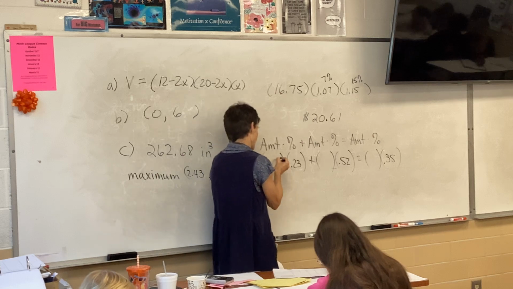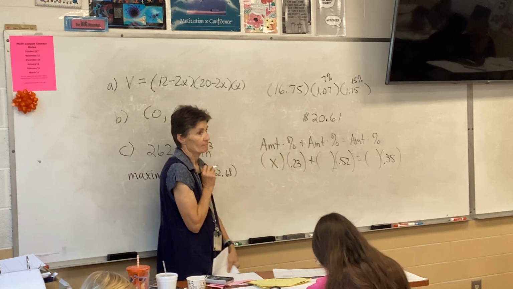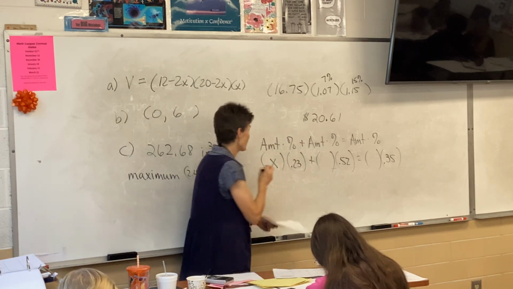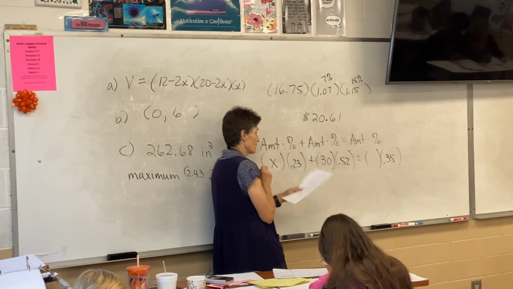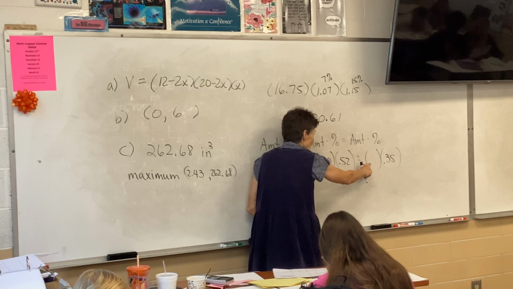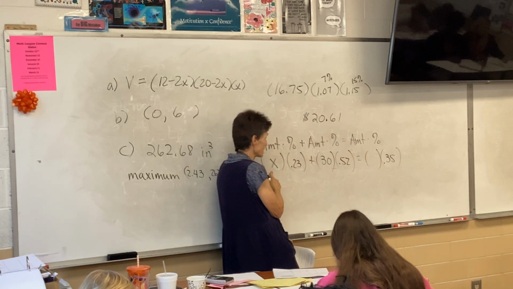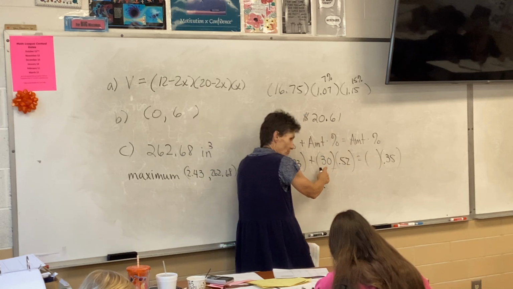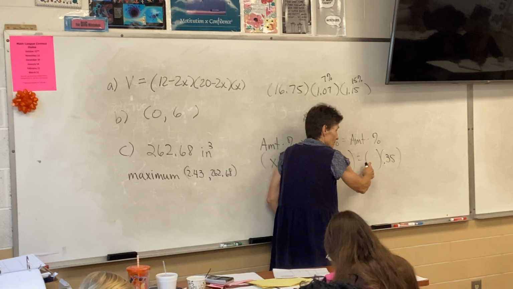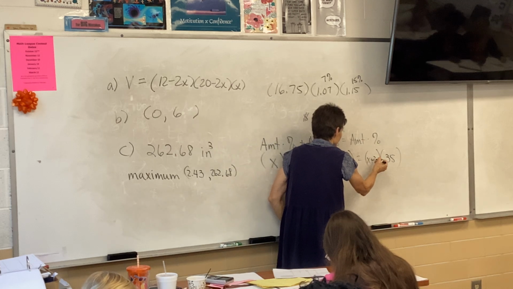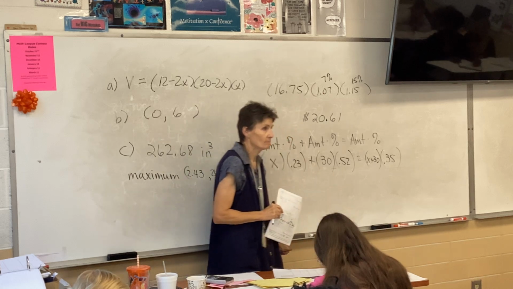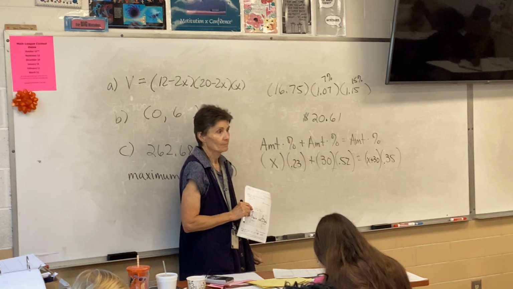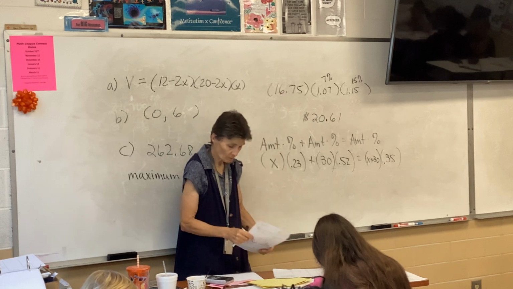How much mixed with 30 ounces, how much are we gonna end up with if I have X and 30, what am I gonna end up with? X plus 30. Exactly what it says, X plus 30. And then solve it. So go ahead and solve it.